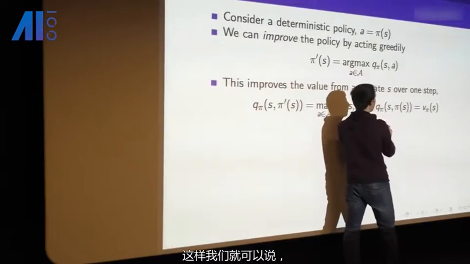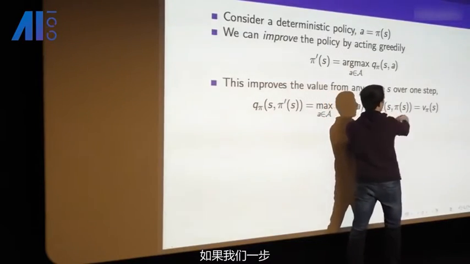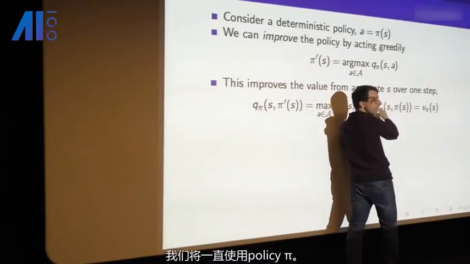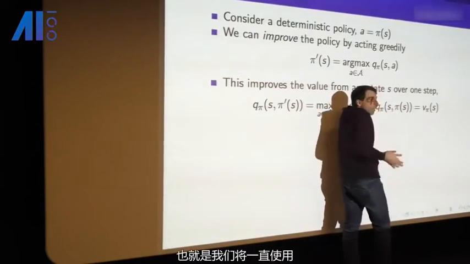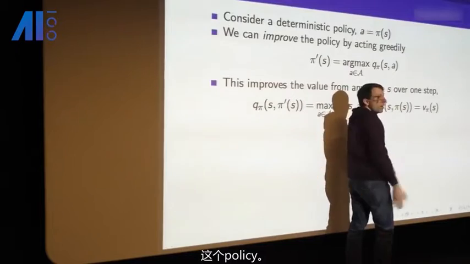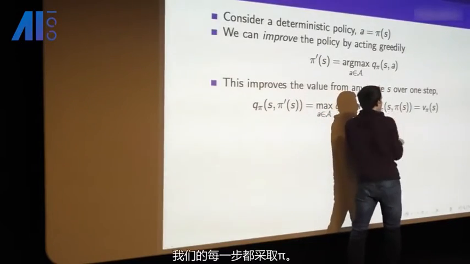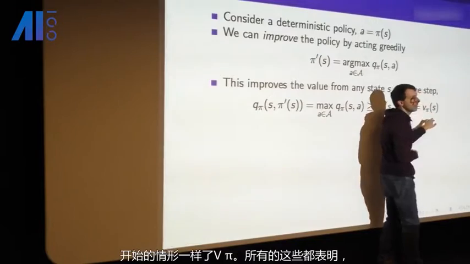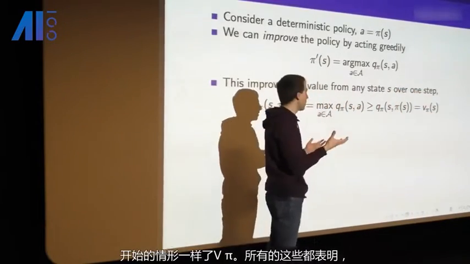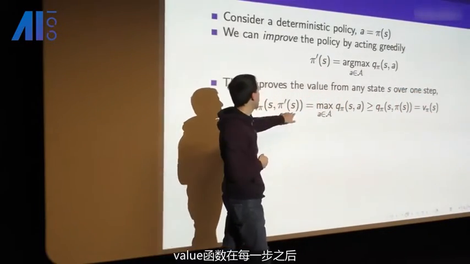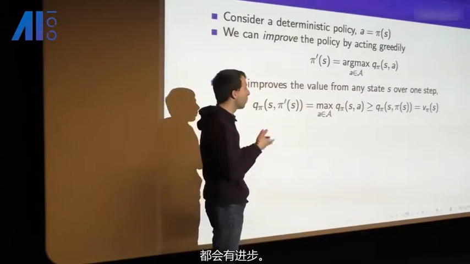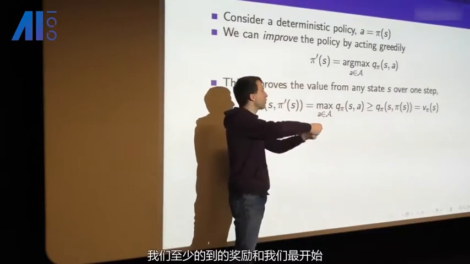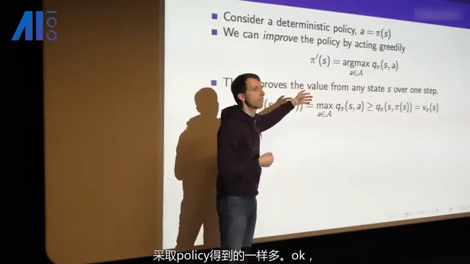That's the value if we take policy pi for one step and then follow policy pi forever after, which is the same as following pi all along, the thing we started with, v pi. So all of this, that's a long-winded way to say that the value function improves over one step at least. If we just take our pi prime for one step, we're going to get at least as much reward as the policy we started with.